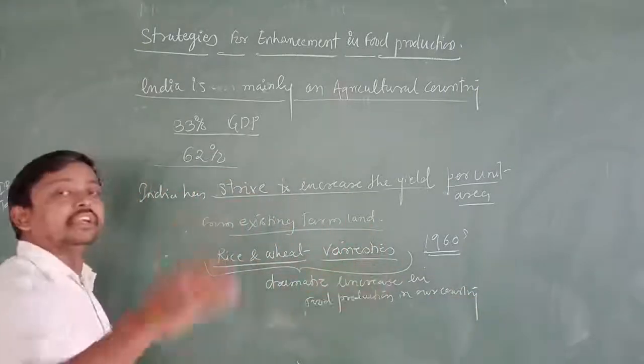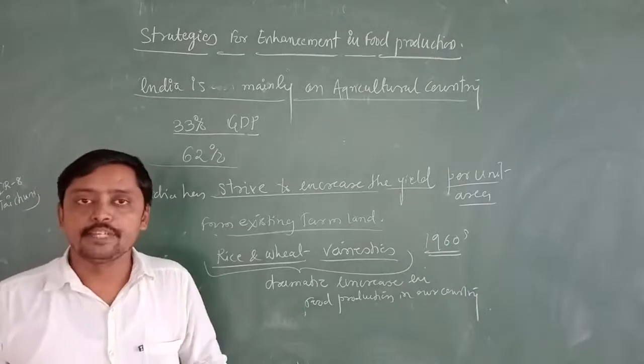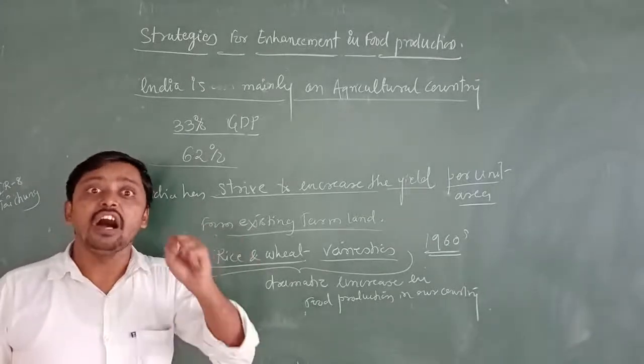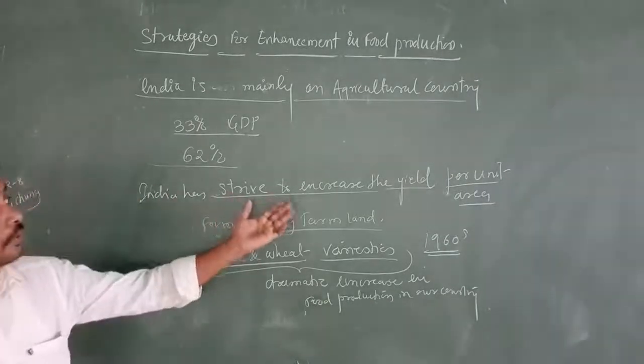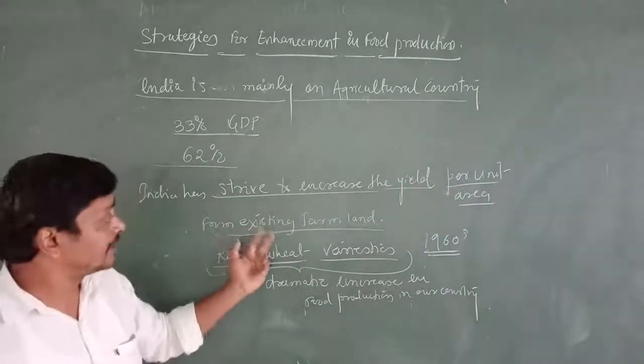ಯಾವಾಗ ನಮ್ಮ ಕಂಟ್ರಿಗೆ ಫುಡ್ ಪ್ರೊಡಕ್ಷನ್ ಹೆಚ್ಚಿಗೆ ಮಾಡೋದಿತ್ತು, ಆನಂತರ ಇನ್ಕ್ರೀಸಿಂಗ್ ಪಾಪ್ಯುಲೇಷನ್ಗೆ ಫುಡ್ ಪ್ರೊವೈಡ್ ಮಾಡೋದಿತ್ತು, ಆಗ India has tried to increase the yield per unit area from existing farmland.